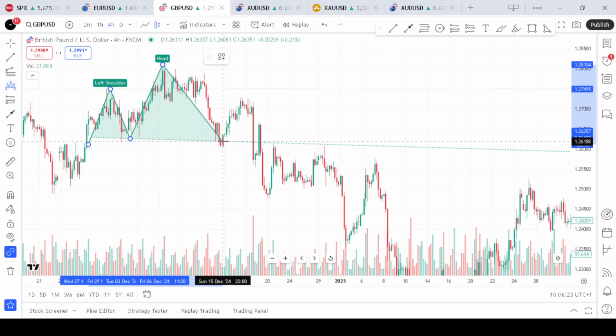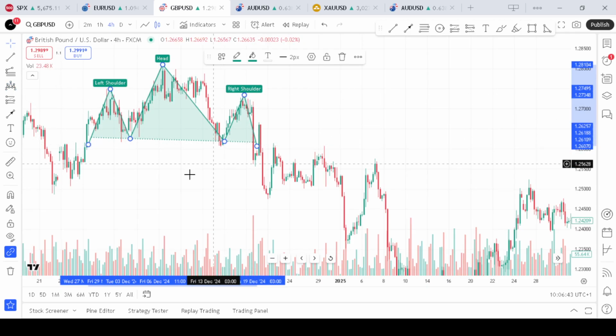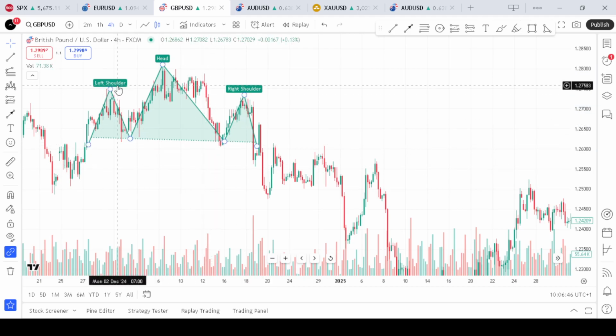The head is usually the highest point of the pattern, while the right shoulder is where price rises once more, but is lower than the head and is roughly equal to the left-hand side. So this is basically what the pattern is about: the left shoulder, the head, and the right shoulder.